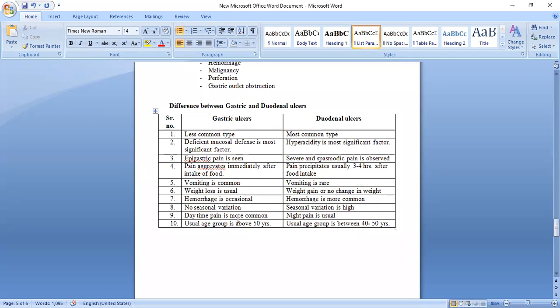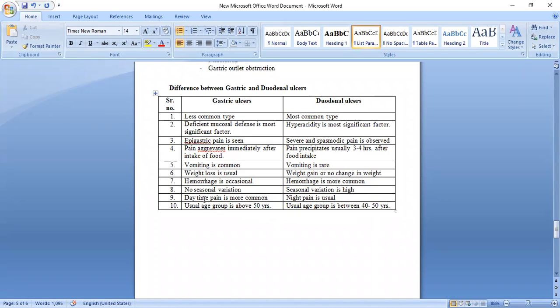But when there is food in the stomach, there is immediate pain. During the day we try to eat something, but at night nobody eats, so there is no night pain. The usual age in gastric ulcer is above 50 years, and in duodenal ulcer it is between 40 and 50 years.